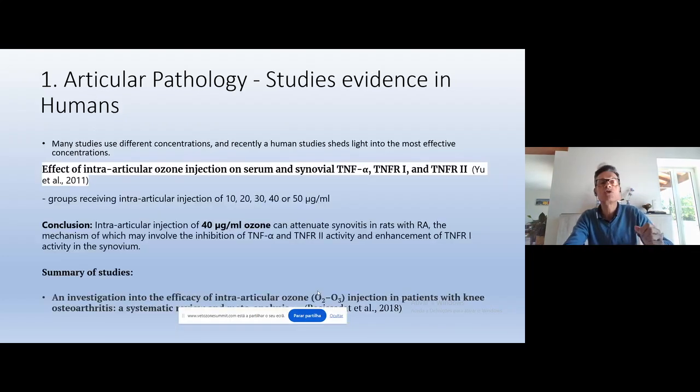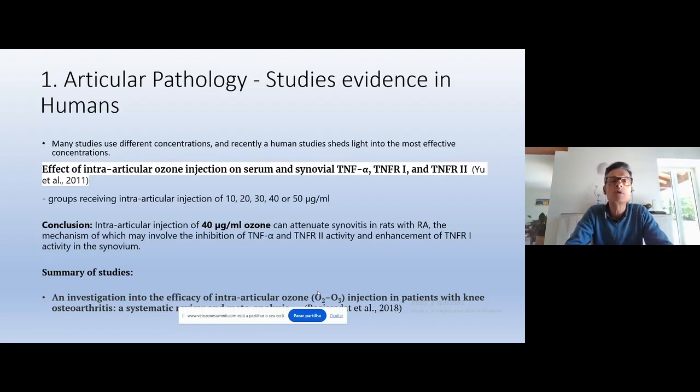I'll show you here one of the articles that for me is quite remarkable as well. It's the effects of intra-articular ozone injections on serum and synovial tumor necrosis factors. This study used concentrations of 10, 20, 30, 40, and 50 micrograms per milliliter.